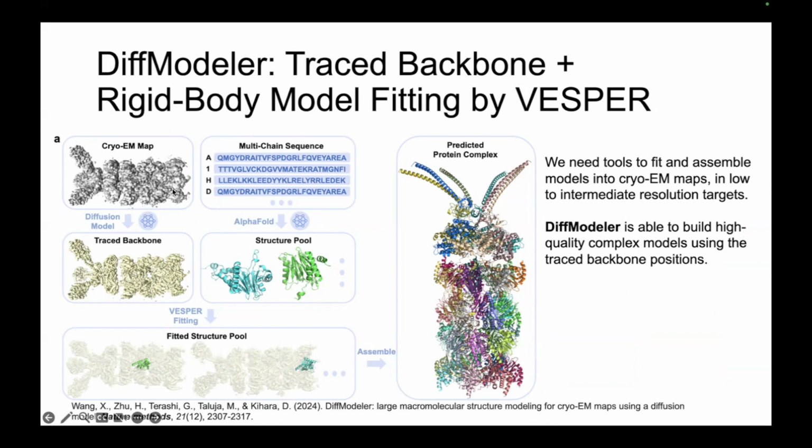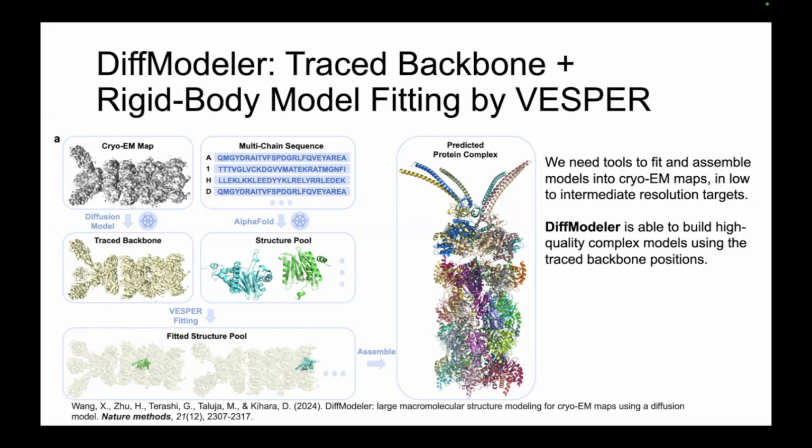From the density map, as we saw, we can trace the backbone positions using the diffusion models. Then from the sequence, we can use different protein structure modeling tools like AlphaFold, the AlphaFold database, ESMFold, and so on.